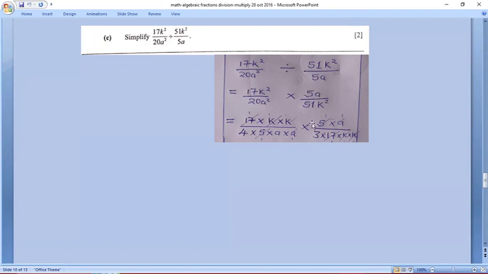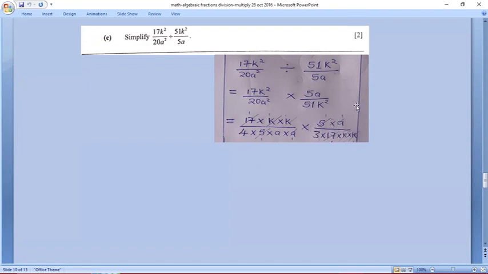Then for the 5a, it's just 5 times a. For the 20, you can break it down into its factors, 4 times 5. For the a squared, it's a times a. Then the 51, you can break it down into 3 times 17. And the k squared just means k times k.